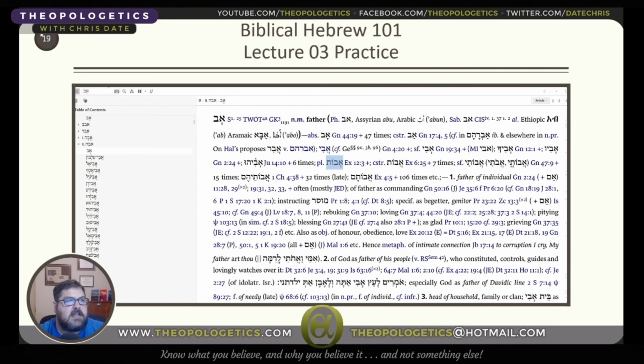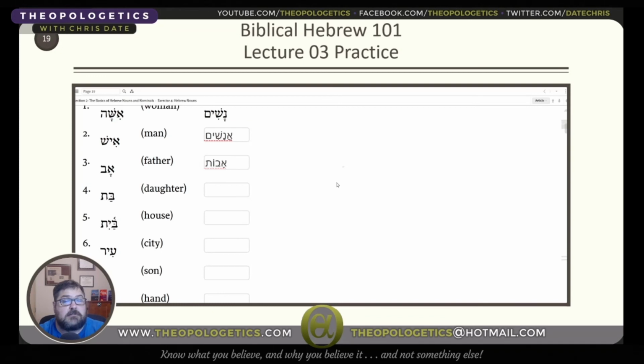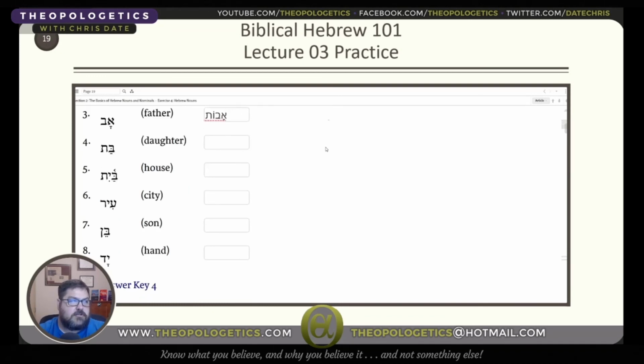So that's why it's saying it's an irregular plural, because it's got a characteristically feminine plural ending. The same is not true of bat, but it is a regular plural because instead of batot, which is what you might think it was going to be, it's instead going to be banot. Bet, nun, vav, tav. Banot.